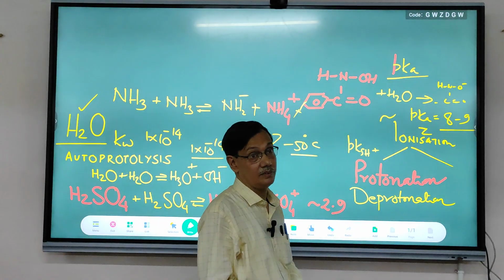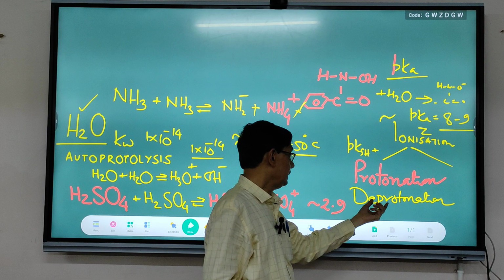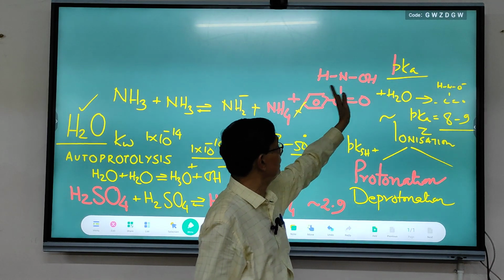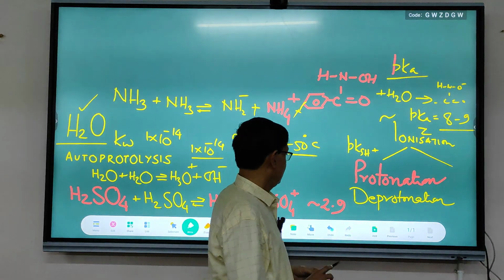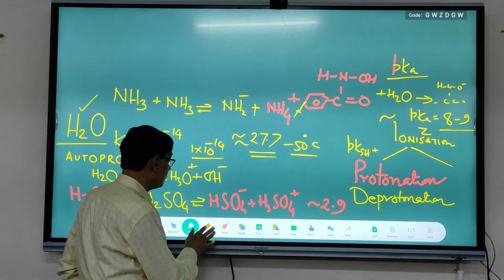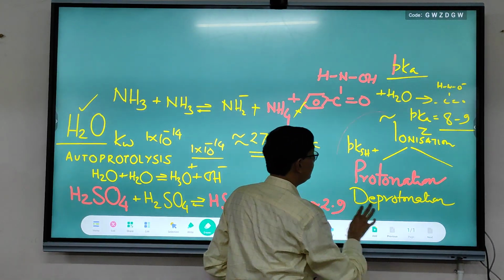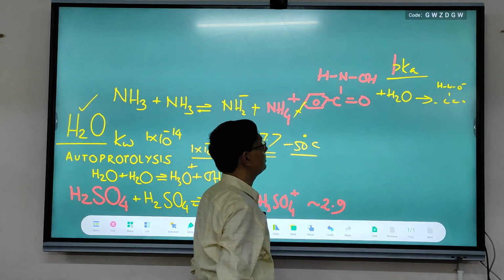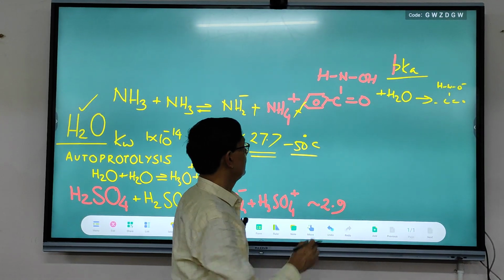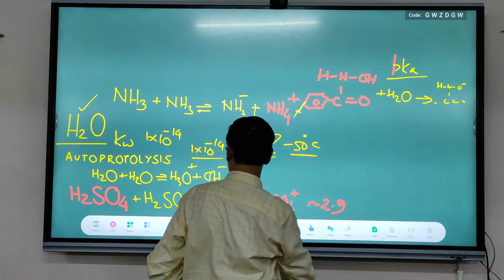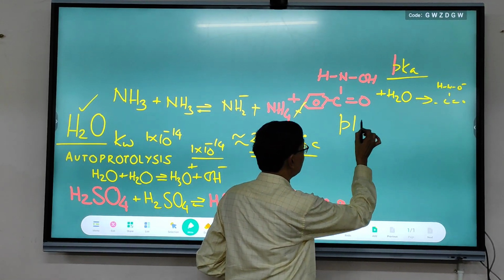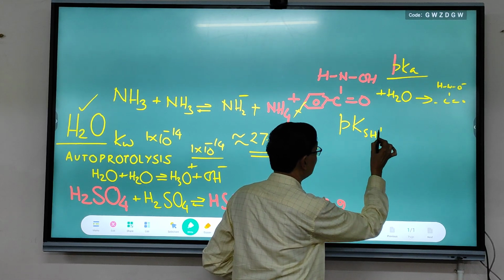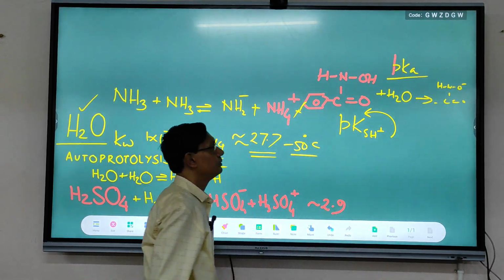My next question, because it is a deprotonation technique, because it donates a proton: will it be possible for you to determine the pKSH of this compound?